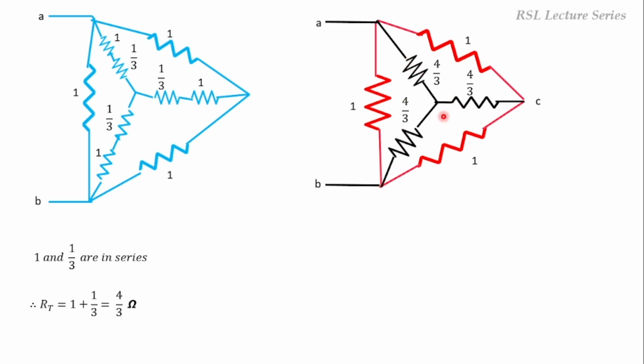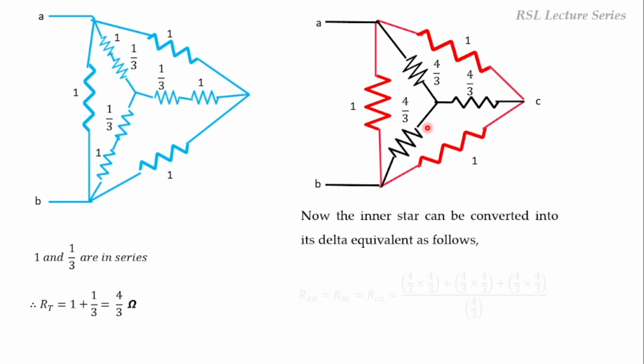So again, we will convert this inner star into its delta equivalent. Since all the values are the same, RAB, RBC and RCA will also remain the same. That is the equivalent delta for the inner star connected resistors.